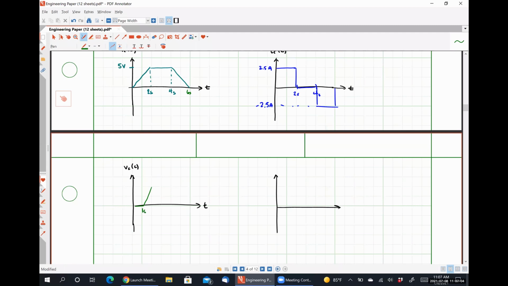So this time at 1 second, it goes up, stays constant, drops down. So this is 2, this is 4, 5. So this is still 5 volts. How should my current waveform change?